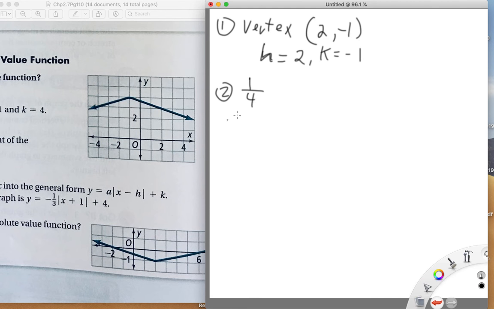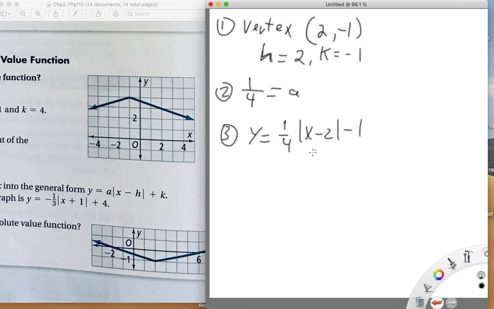So it's a fraction. That's my a. I got that slope strictly from eyeballing the graph. You could also do it by using the slope formula. This point would be (6, 0). We already know that this is (2, negative 1). You can get the slope from that, rise over run. Now I have enough. y equals 1/4 times the absolute value of x minus 2, minus 1.